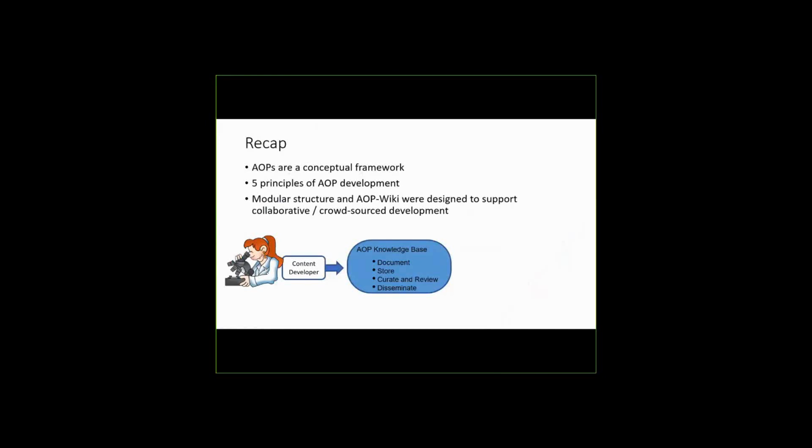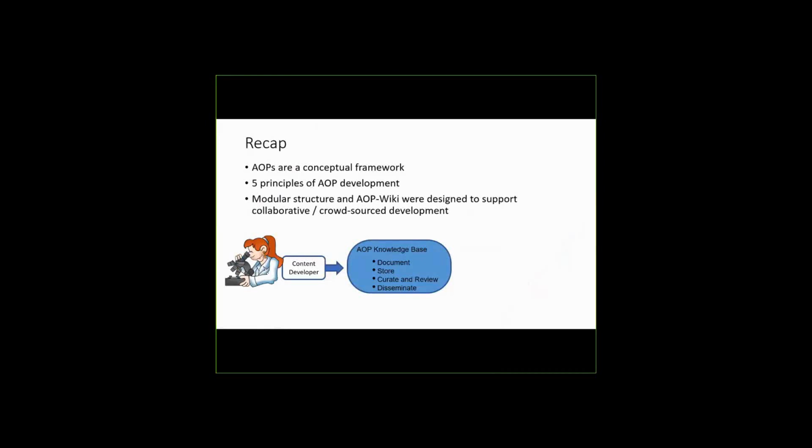You heard about 5 principles of adverse outcome pathway development, notably that AOPs are not chemical specific, that they're developed in a modular fashion with linear AOPs from molecular initiating event to adverse outcome as a pragmatic unit of development and review, but all of that really building toward networks that capture our more complex understanding of biology and interactions that occur there.